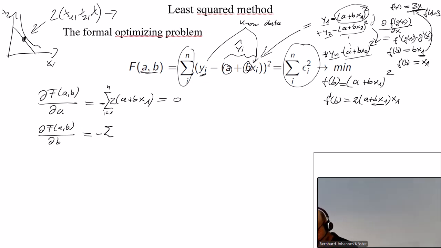So overall, we get again 2 times (a plus b xi) times xi equals to 0. Well, and oh, this has also to be an i, sorry.